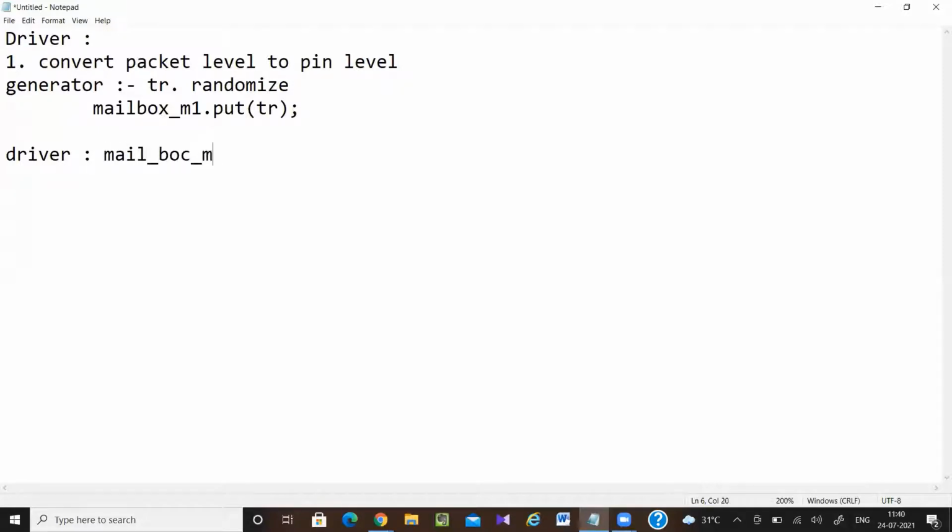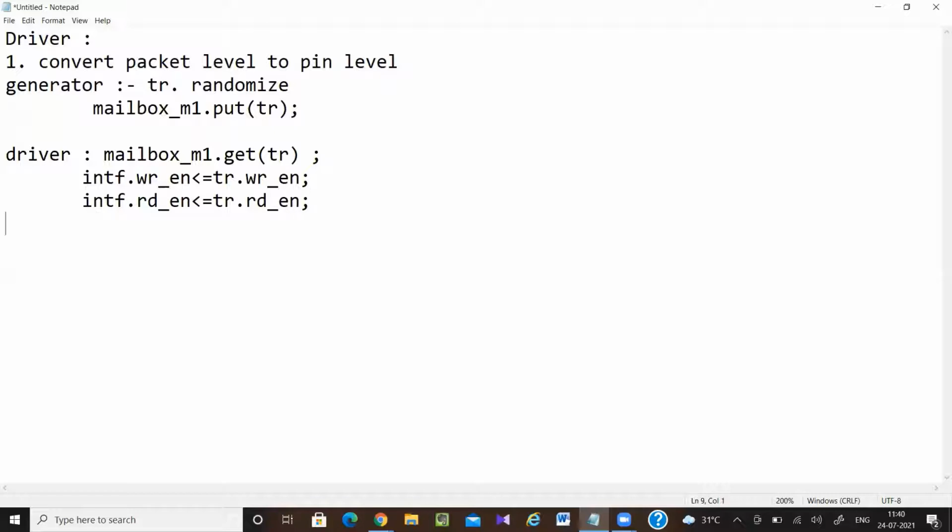So mailbox M1.get(transaction). Then interface.write_enable equal to transaction.write_enable. Then interface.read_enable equal to transaction.read_enable. Then interface.w_data is equal to transaction.w_data.